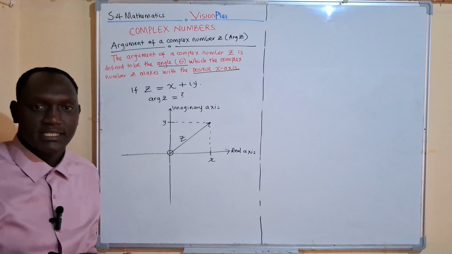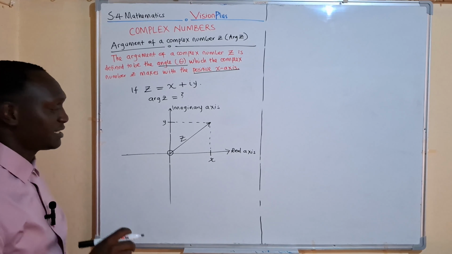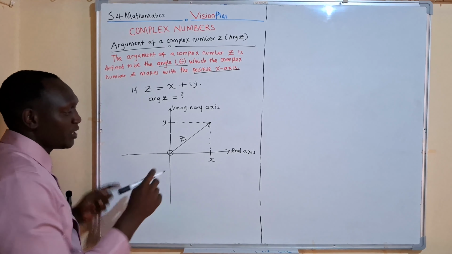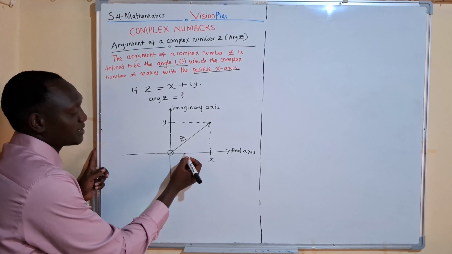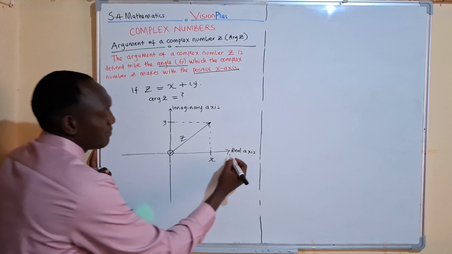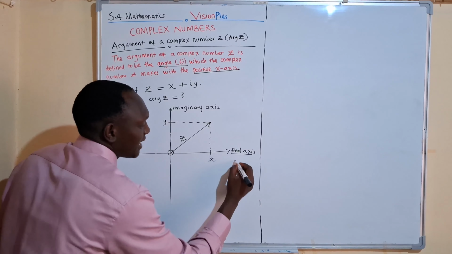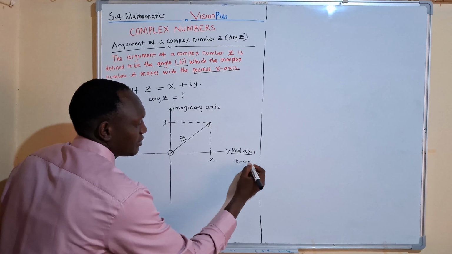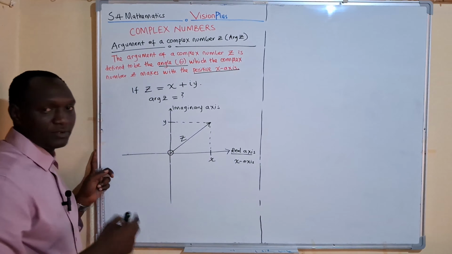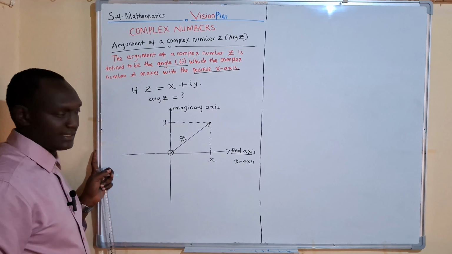Now, where is the argument? The argument is the angle which we are going to measure from the positive x-axis. Remember, the real axis is the x-axis from the Cartesian plane, but we changed it to the real axis.